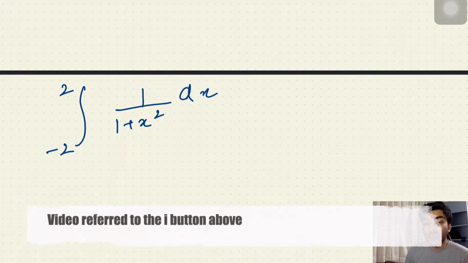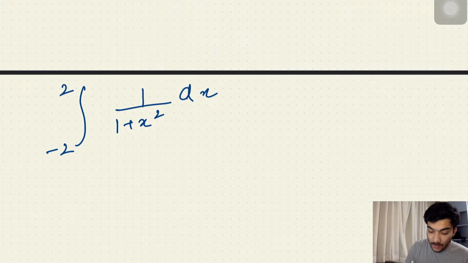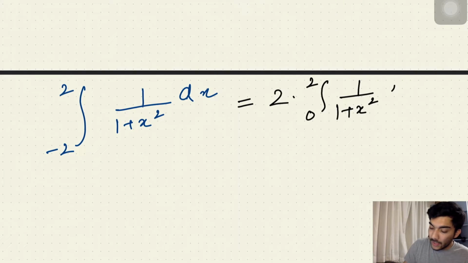If you watched my video on even and odd functions, you'll clearly notice that this function is an even function. So I can simplify this expression as 2 times the integral from 0 to 2 of 1 upon 1 plus x square dx. It doesn't matter if you calculate this side or this side, your answer will be exactly the same. And we can confirm this at the end as well.